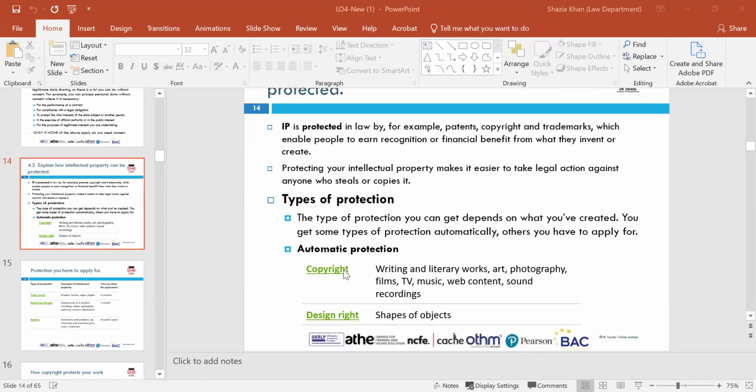Types of protection. So you have copyright, which is automatic protection. Copyright applies to the protection of tangible and intangible creative works. And then you have design rights, which are shapes of objects.